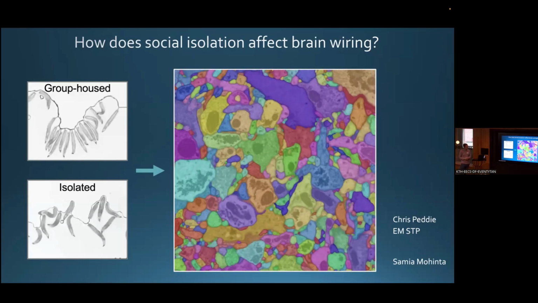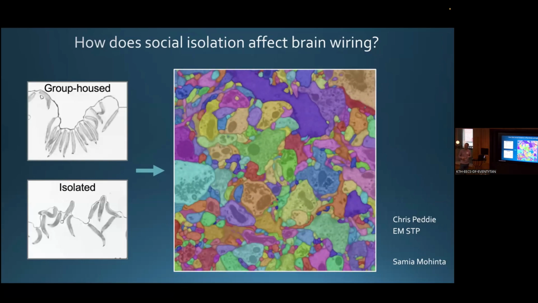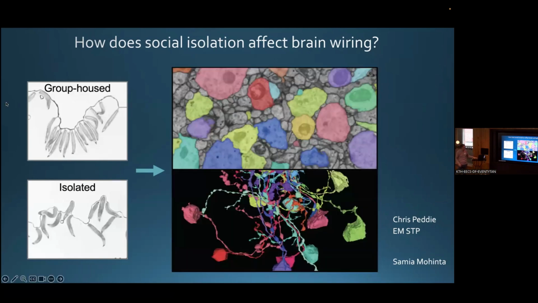The collaborator who worked on this with me, Samia Mohinta, is actually using transfer learning to take publicly available training data sets and using GANs to mimic the look of our data. And it's working quite nicely. Based on this, if you go over a huge range of Z slices, you can actually reconstruct the entire neuron. Here are some examples of that.